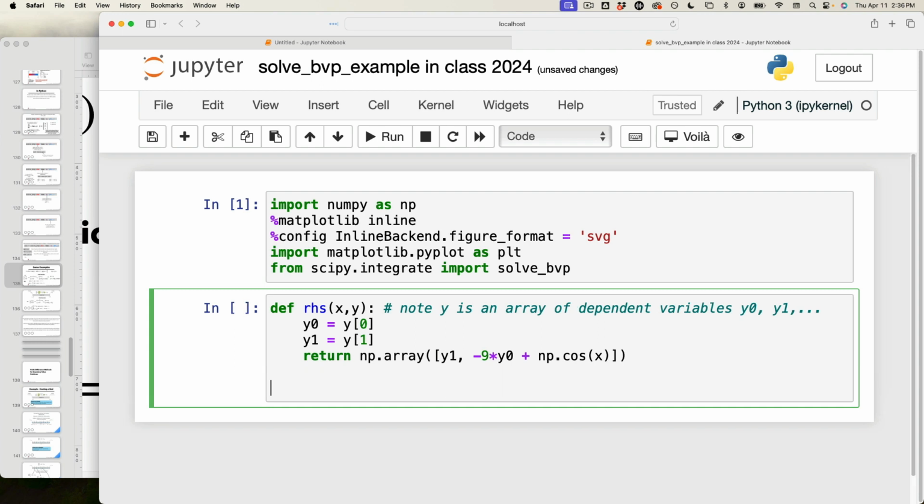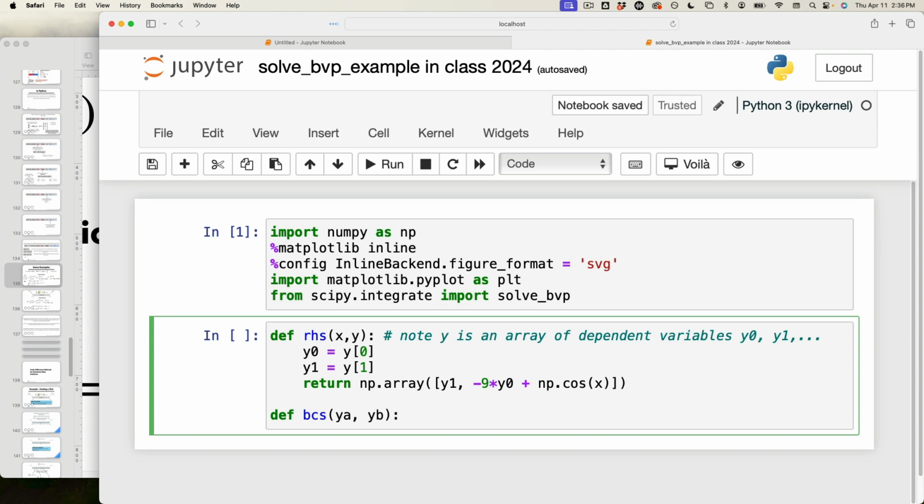Now let's define the boundary conditions. Define BCs. From the definition of solve BVP, what they provide us with is ya and yb. Go figure why they named them that way. Maybe there's no better way of doing it, so they chose the worst possible way except for all the others.